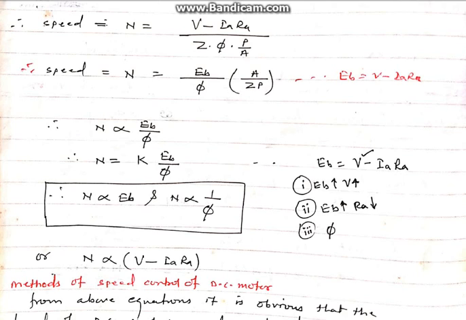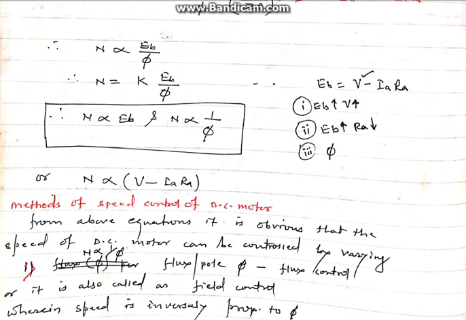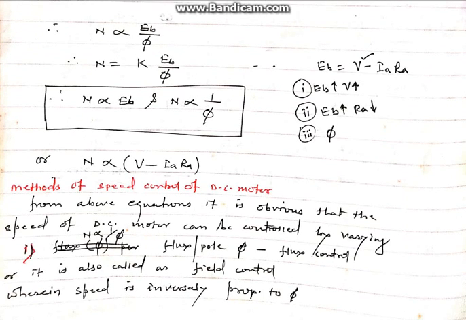Now, depending upon which quantities you vary to control the speed of DC motor, two methods of speed control are formed. First, speed depends upon the flux produced by the stator winding, and speed is inversely proportional to the flux produced by the field winding.